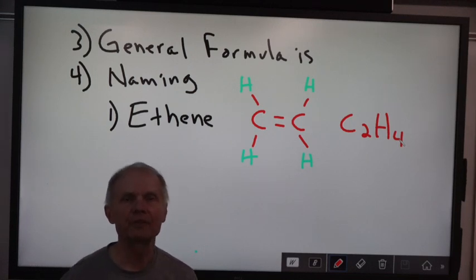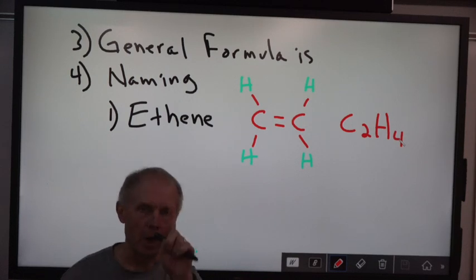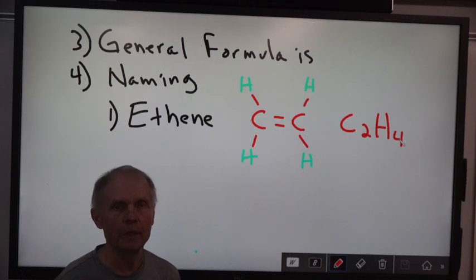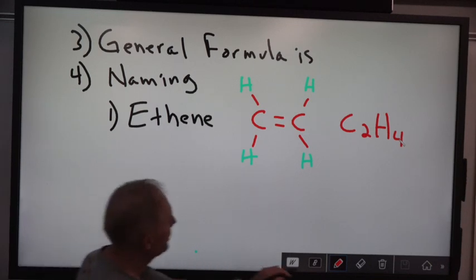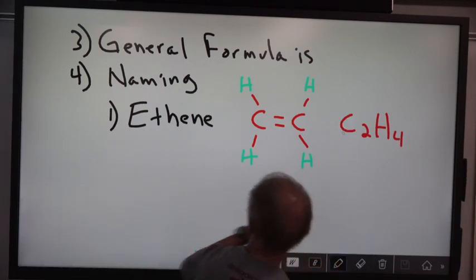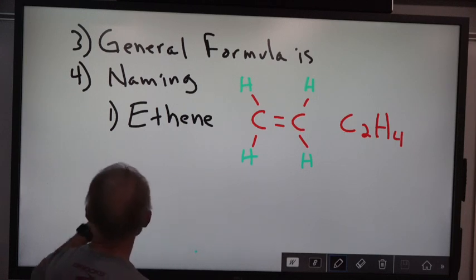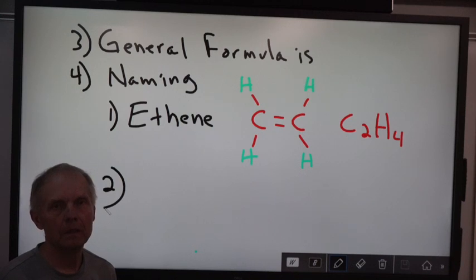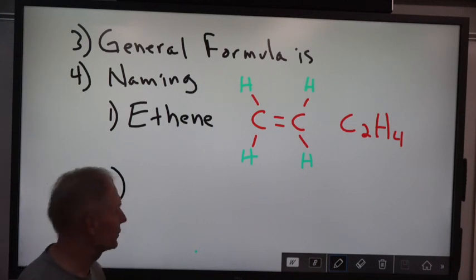Now, remember what I said about a homologous series? Each member differs from the next member by one carbon and two hydrogens. It is the same for this one. So, for number 2, if ethene is the first member, then propene is the second member.